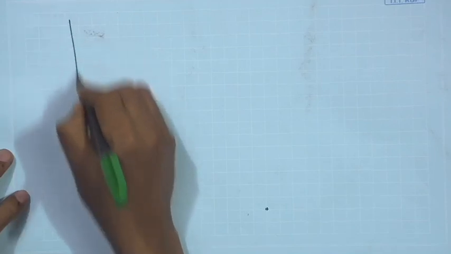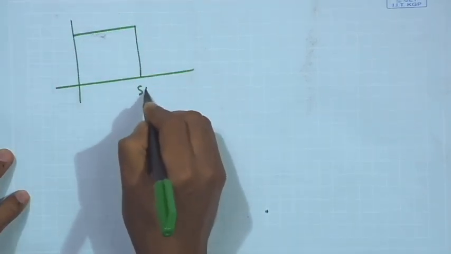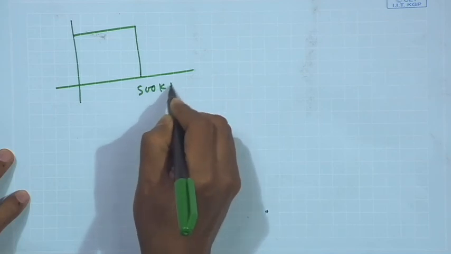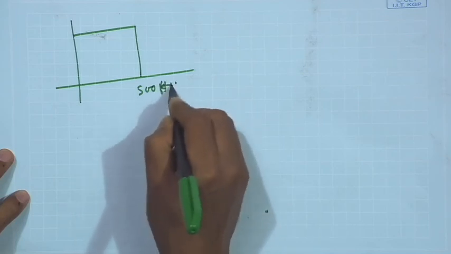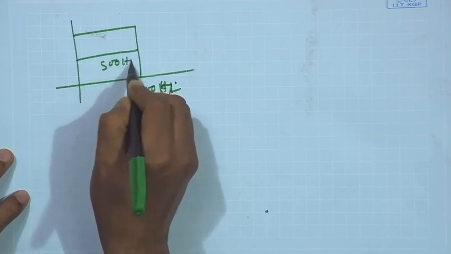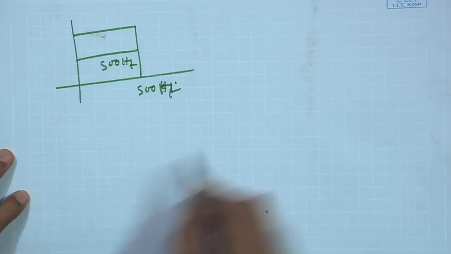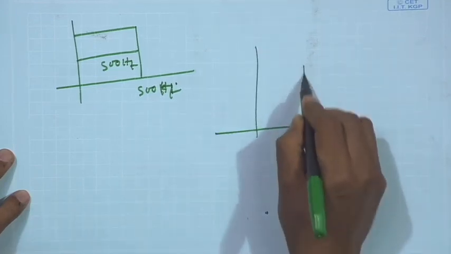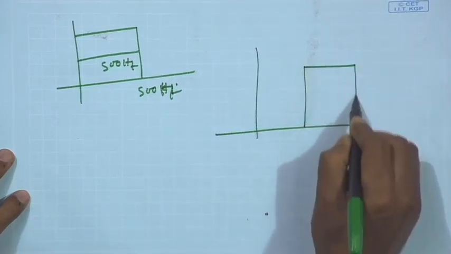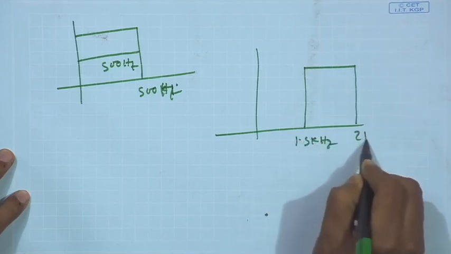Suppose I implement a low pass filter up to 500 hertz, so the bandwidth is 500 hertz. Now, I want to implement a band pass filter of 500 hertz bandwidth with frequency between 1.5 kilohertz to 2 kilohertz.